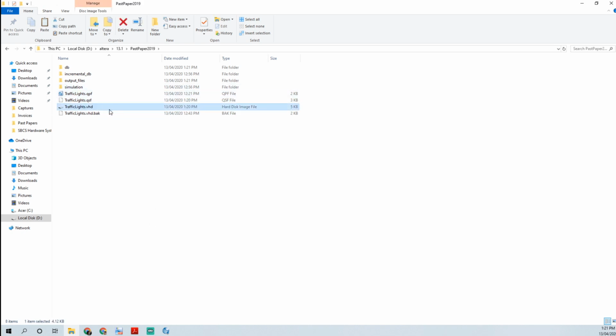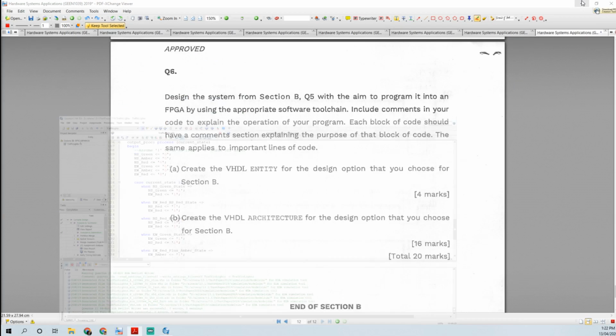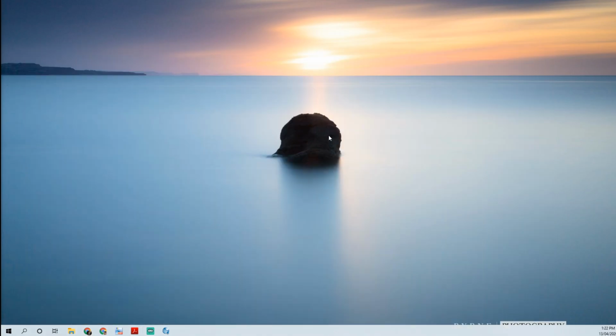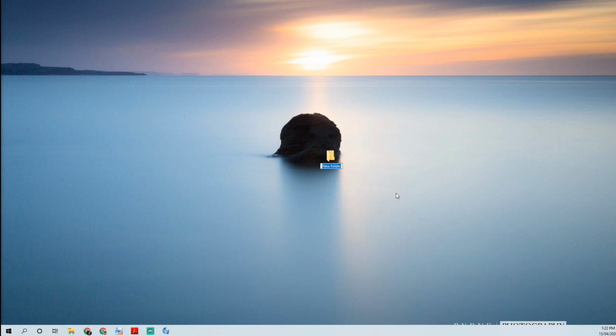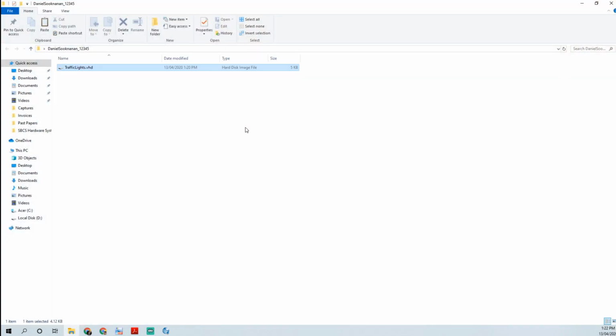We can copy the file, right? And we can probably create a new folder. Let's name it something like your name plus your SBCS ID, right? Paste it in there.